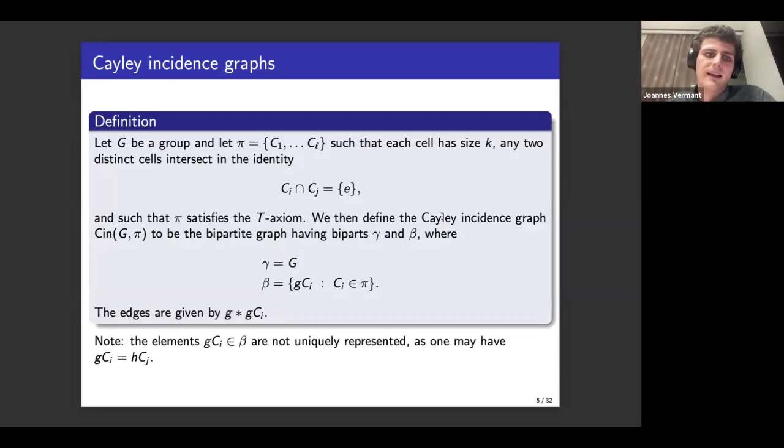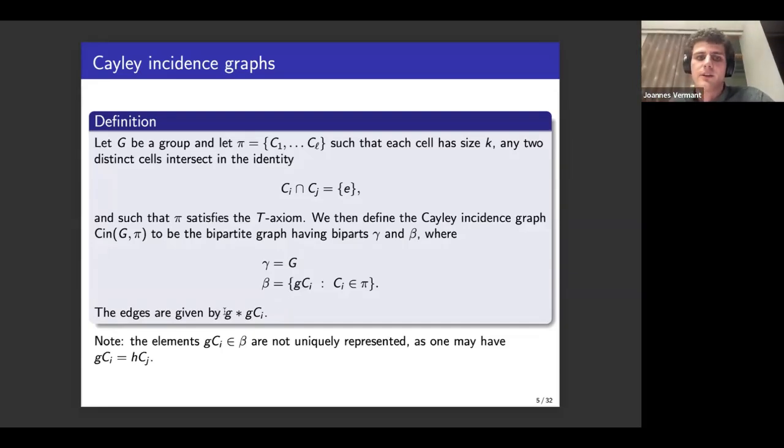And then we can define the Cayley incidence graph to be a bipartite graph having two parts, Γ and B. These are the two parts of the partition, where Γ consists of all of the elements in your group, so Γ is equal to G, and B is equal to the set of all translates of possible cells. So B is the collection of g times C_i, where C_i is an element of our original collection Π.